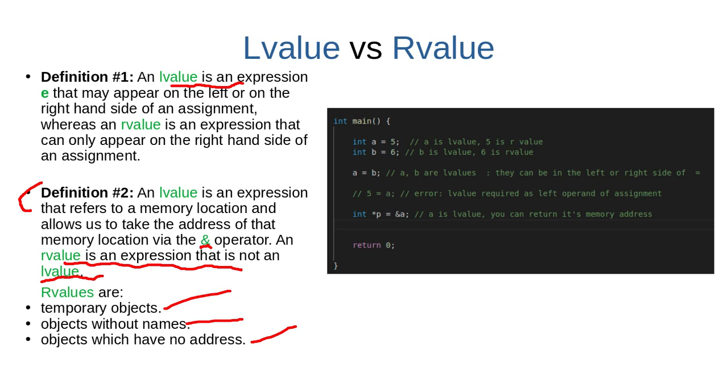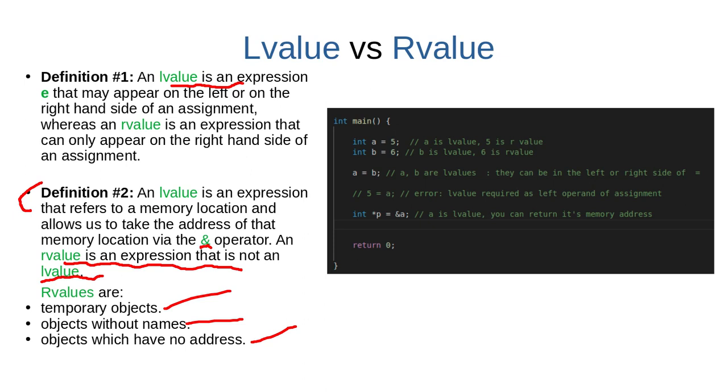But this is a very specific definition. Definition number 2 is more general, which indicates that an lvalue is an expression that has a memory location in the memory, and we can retrieve that memory address, while the rvalue is just a temporary object.